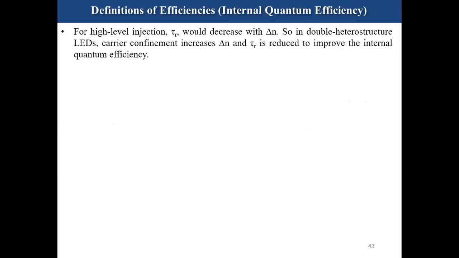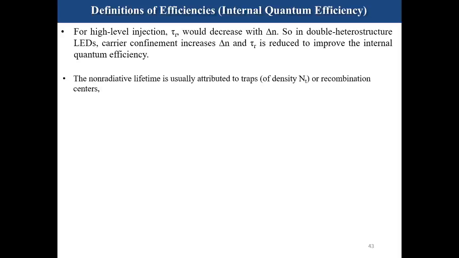For a high-level injection, this would actually decrease with change of carrier concentration. So in double heterojunction LEDs, the carrier confinement increases the delta N, and the tau is reduced to improve the internal quantum efficiency.